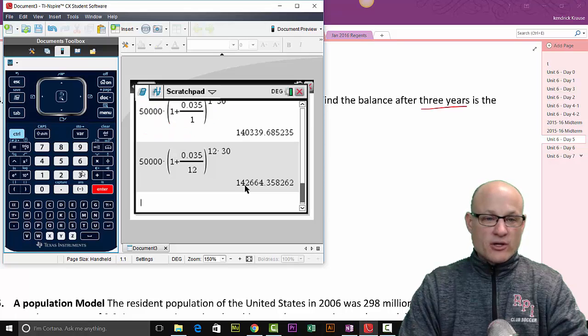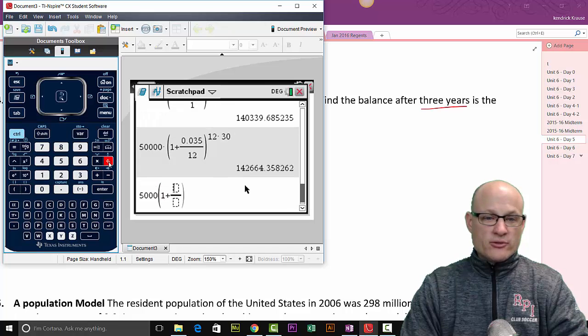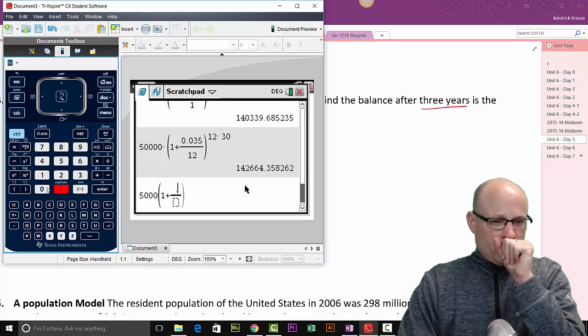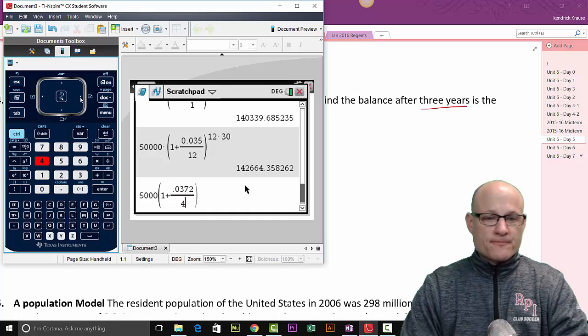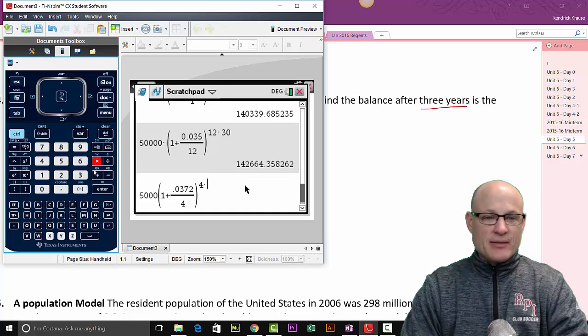We'll grab our calculator. We'll start with $5,000. Parentheses, 1 plus, control division, 0.0372 over 4, raised to the 4 times 3.